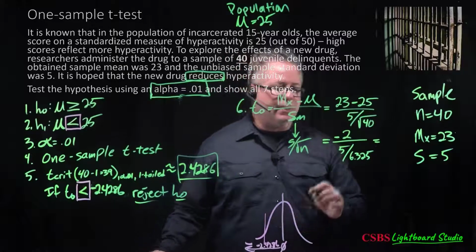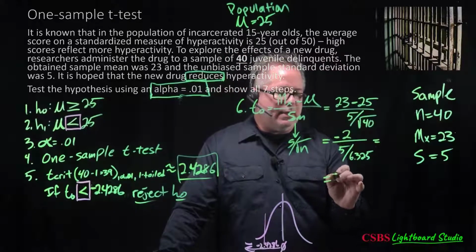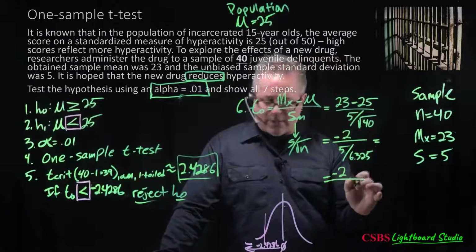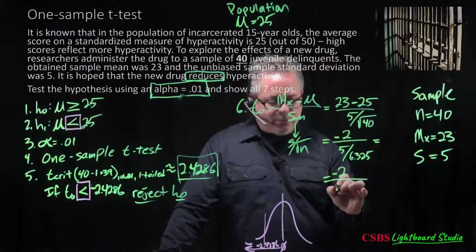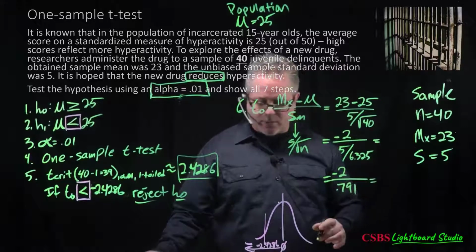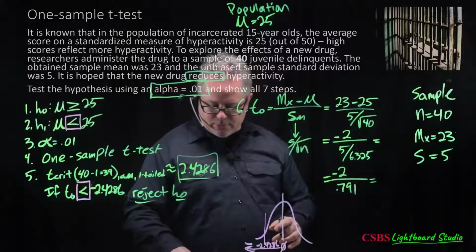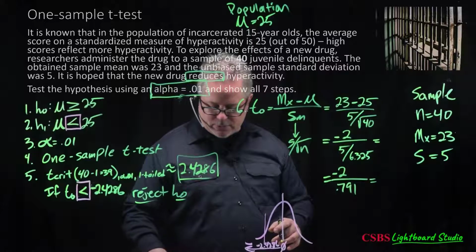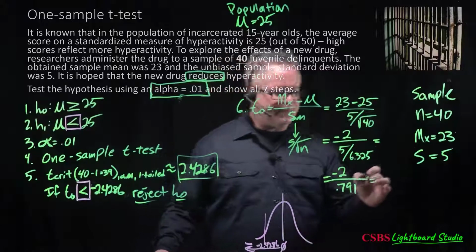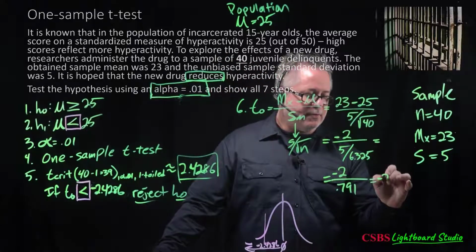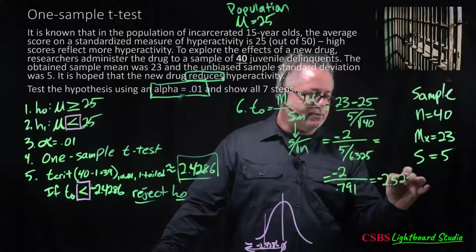5 divided by 6.325 equals 0.791. So this is going to be negative 2 divided by 0.791. So 2 divided by 0.791 equals 2.528. So that's going to be a negative 2.528.